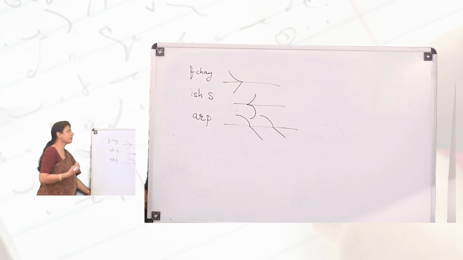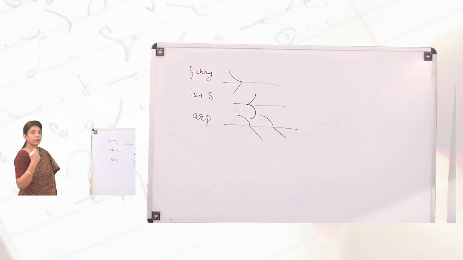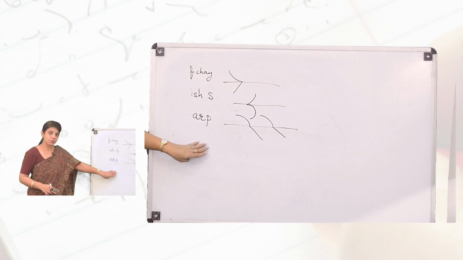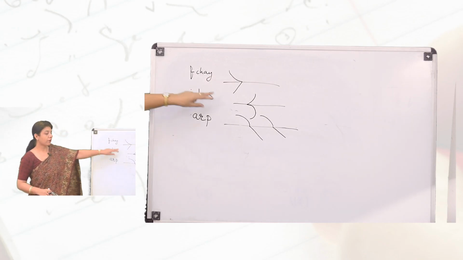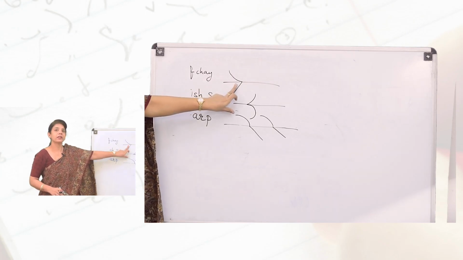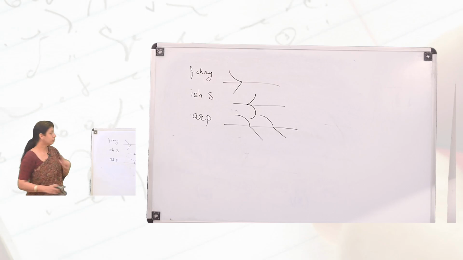So these are some more examples of downward plus downward on the line, and this is called second place joining. Again, I am repeating. Why? Because the first downstroke has to be on the line only if it is a second place joining.